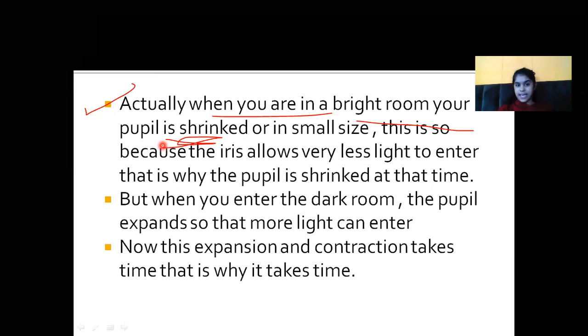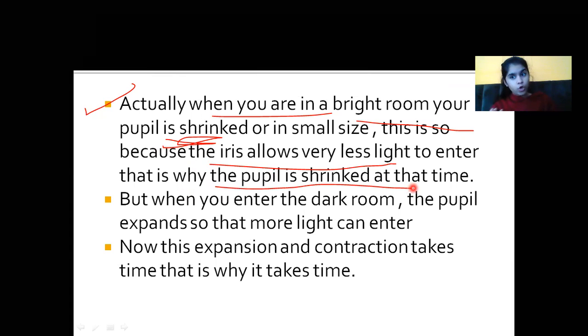But if you are in a dark room, your pupil enlarges so that more light can enter in, right? So a shrunk pupil allows less light to enter. That is why pupil is shrunk at that time.